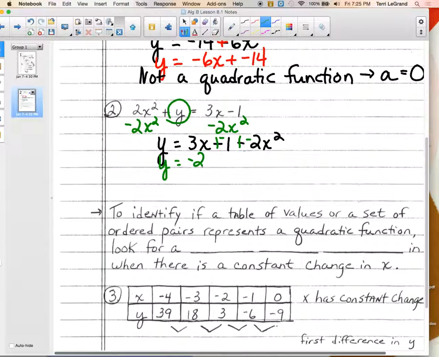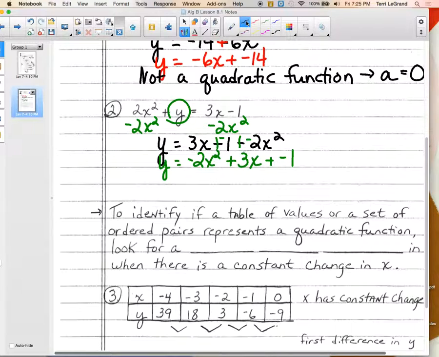So negative 2x squared gets to be first, plus 3x would be the next one, because that's the next highest exponent on x, and the constant is last. So how do you feel about that? Think that's quadratic? We have an x squared term, we have an x term, we have a c term. I think it looks quadratic.